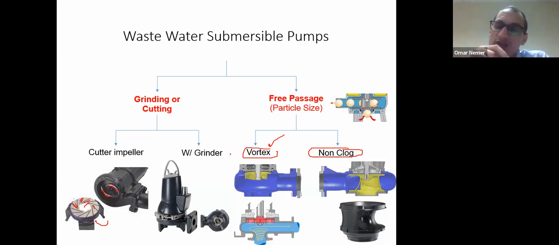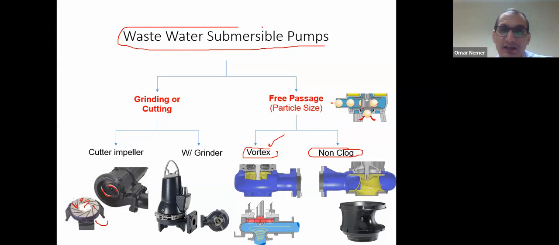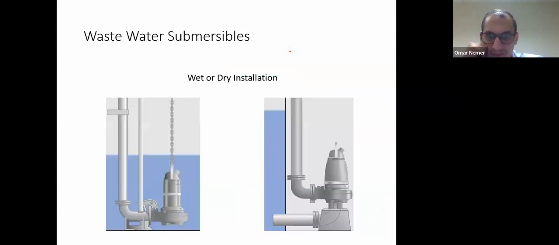So in this situation, the grinder will be a better solution. But if I have good diameters, then we can go with the non-clog very well. So this is a general look at how we can distinguish between different types of submersible pumps, how they do their work, and what the difference is.